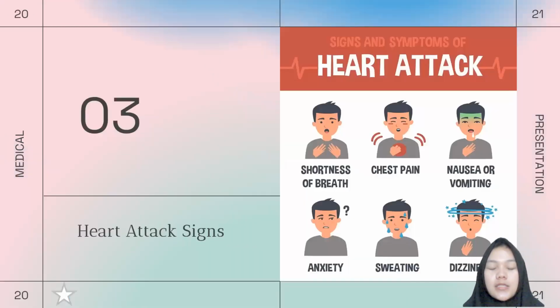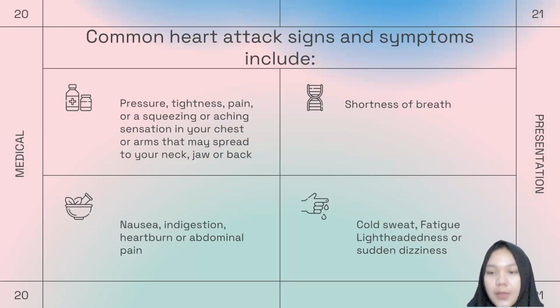Okay, and this is our main topic, heart attack signs. Signs and symptoms of heart attack are shortness of breath, chest pain, nausea or vomiting, anxiety, sweating, and dizziness. So many, right? And the common signs and symptoms include pressure, tightness, pain, or a squeezing or aching sensation in your chest or arms that may spread to your neck, jaw, or back.